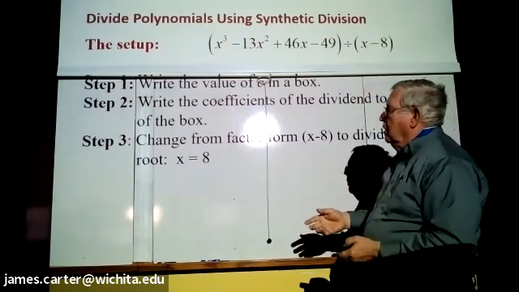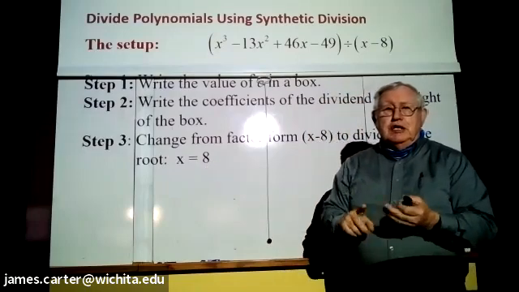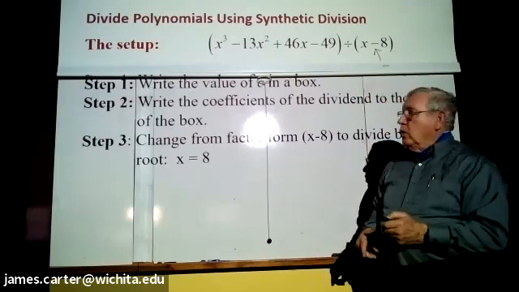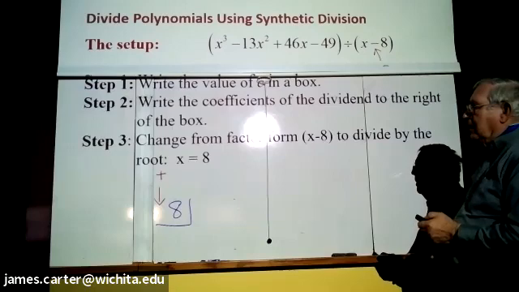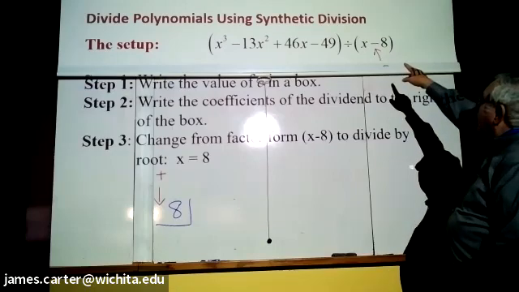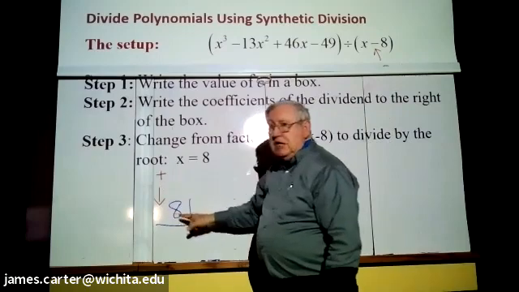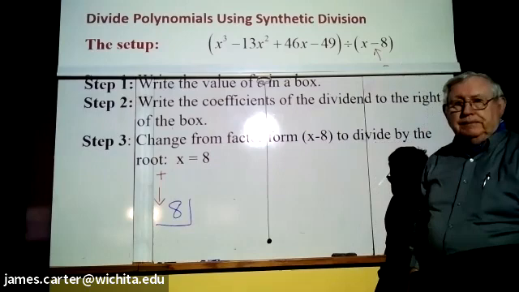Synthetic division will use the root, and it will use addition and multiplication. So in other words, they work just the opposite, but to the same end. Our sign there will have to become positive here because we're using the root, not the factor.